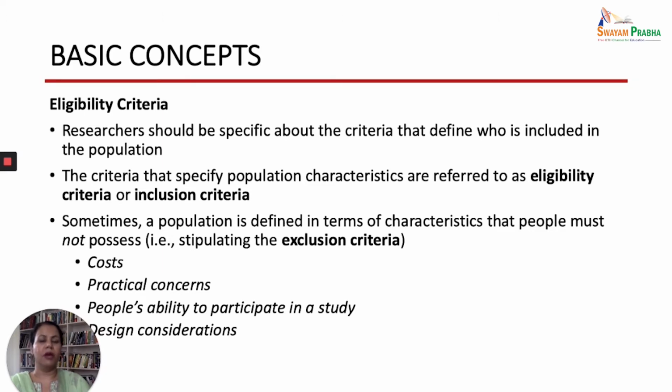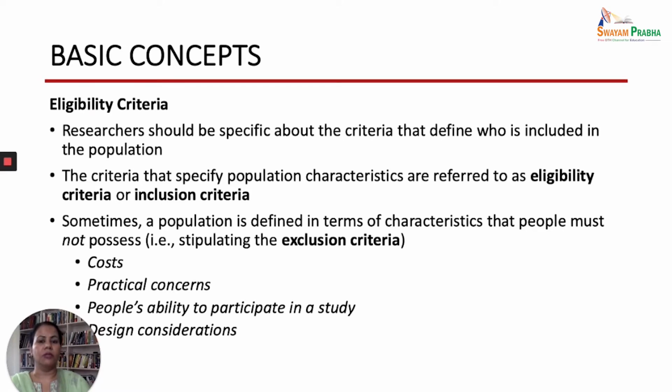For example, if you are providing any intervention in the hospital to some patients, and you want to find out the effectiveness of that intervention, then you may like to exclude the people who might be using any other type of treatment, maybe some home remedies or some Ayurvedic treatment or homeopathic treatment, because you particularly want to see the effect of your intervention on the outcome.